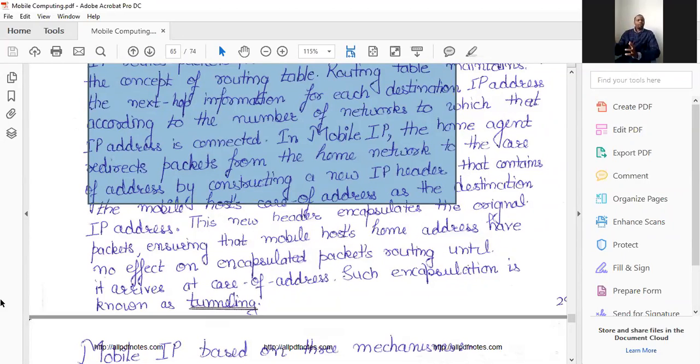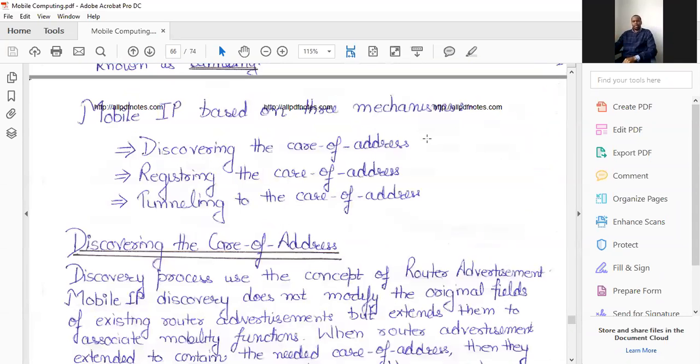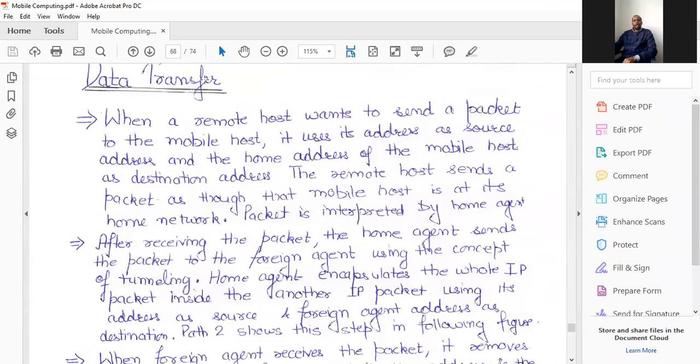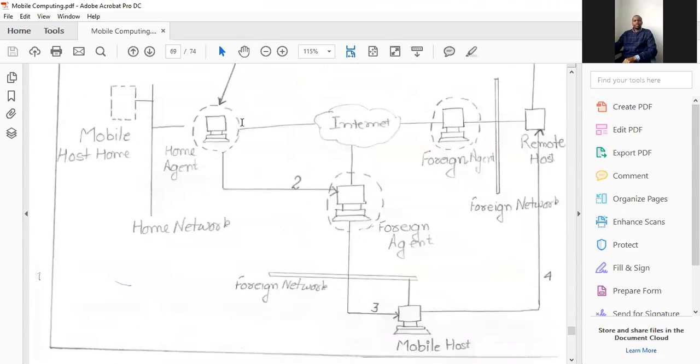And then a care of address is created by the foreign agent so that it can link up with the IP address of the home network. And then when care of addresses are formed, those data packets are routed and redirected to the foreign agent. It is the foreign agent that therefore delivers those data packets to the recipients, to the mobile phones in that network that are recipients of the data packets. So that's basically it. I've just summarized all this data transfer.